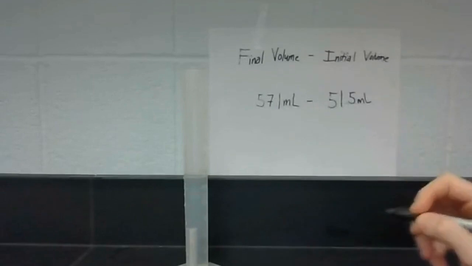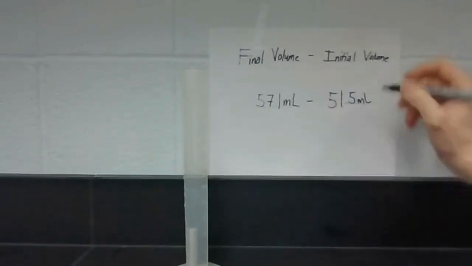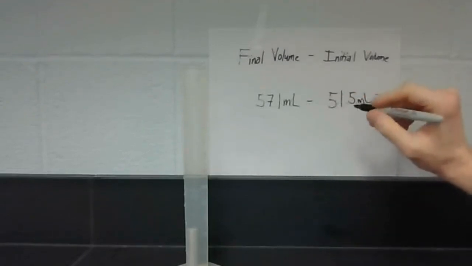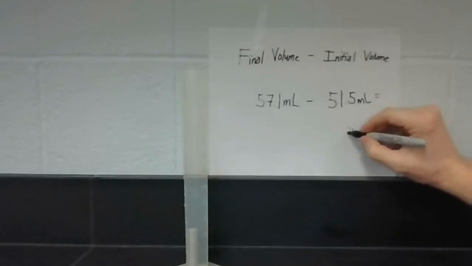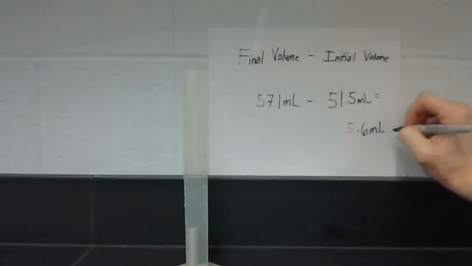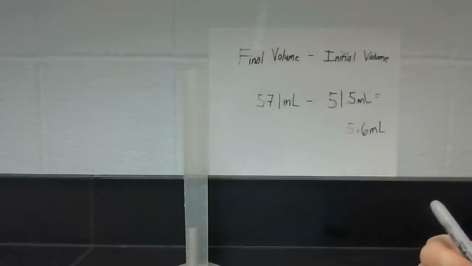So the difference in these two volumes is how much volume is in that cylinder. When I do this math, I should get 5.6 milliliters. And in other words, that silver cylinder takes up 5.6 milliliters of space.